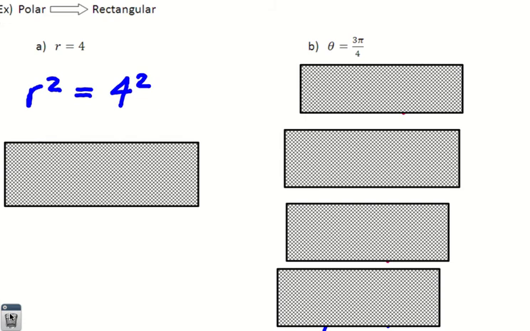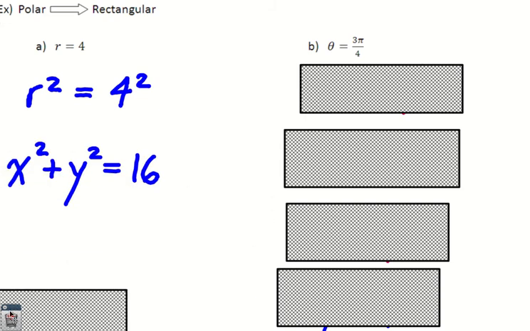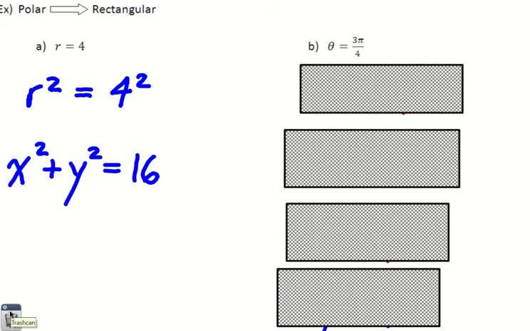I mean, we're allowed to. And that opens up the door to replacing the r squared with x squared plus y squared, and you're done. That's a fantastic place to stop, actually.